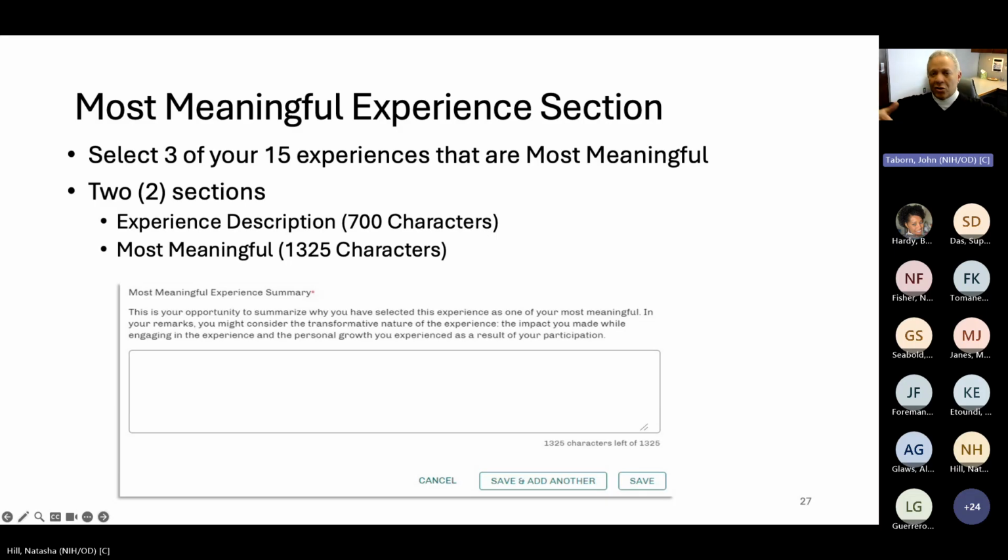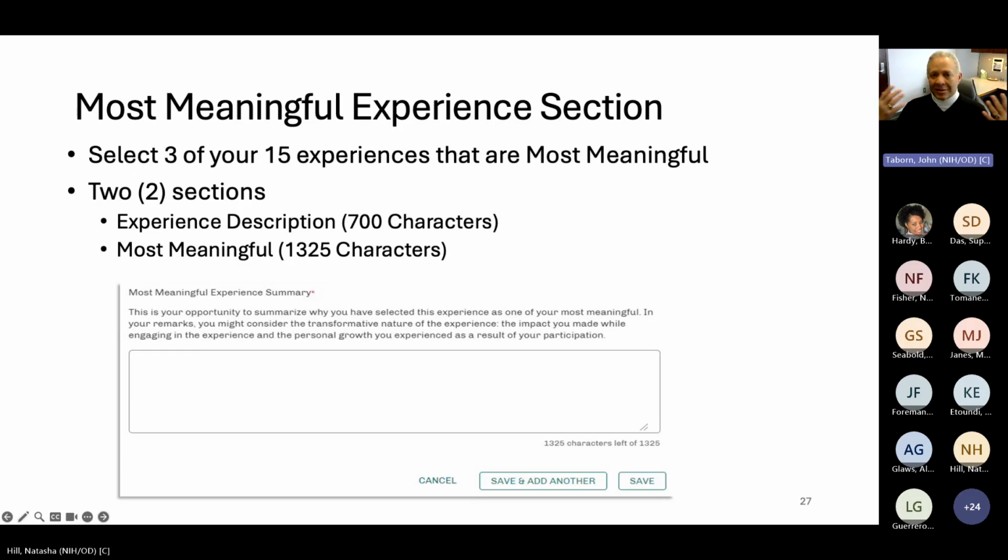This is why this is a very exciting part of your application. So as mentioned, you have 15 experiences on the AMCAS and a variety of experiences, more unlimited, on the AACOMAS application. All of them can be meaningful and important to you, but for the AMCAS in particular, you have 3 experiences that are called most meaningful.